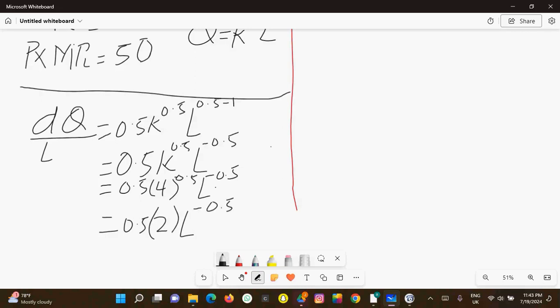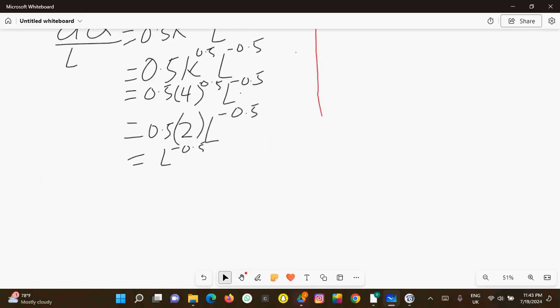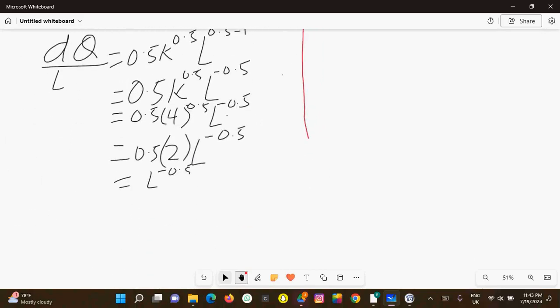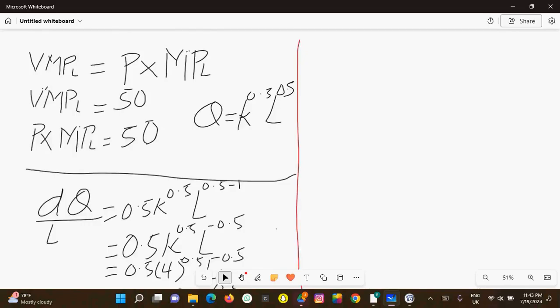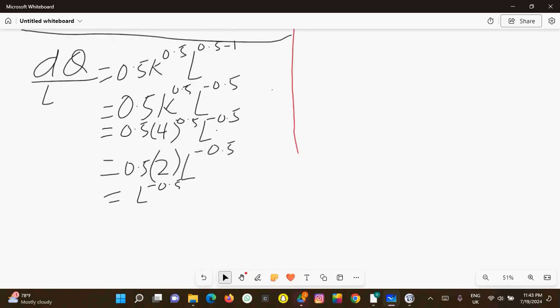Right. So in everything we are getting L to the negative 0.5. That is what we are getting so far. Right. So this is what we've done so far. We found the marginal product of labor.